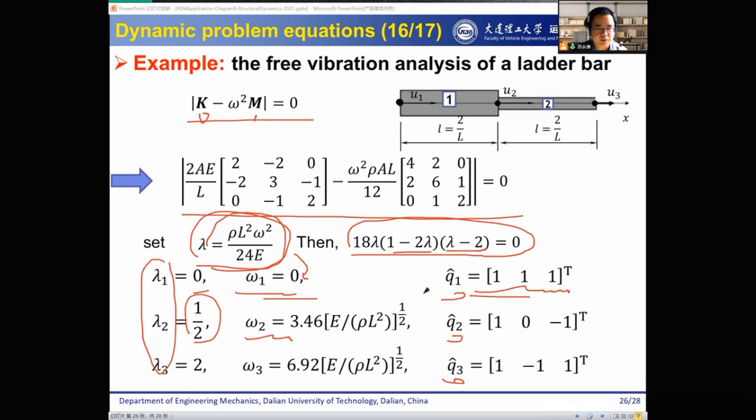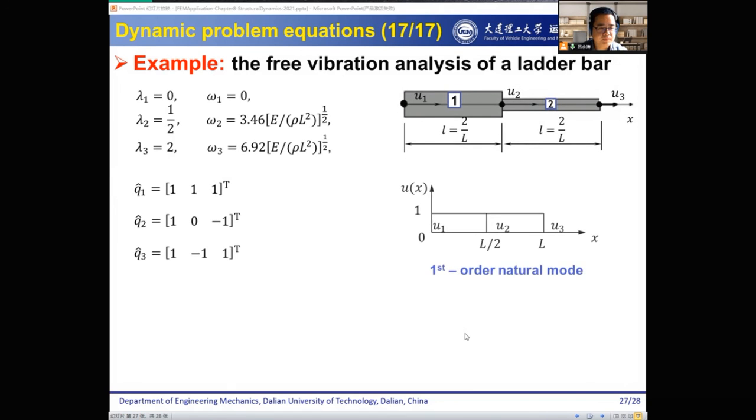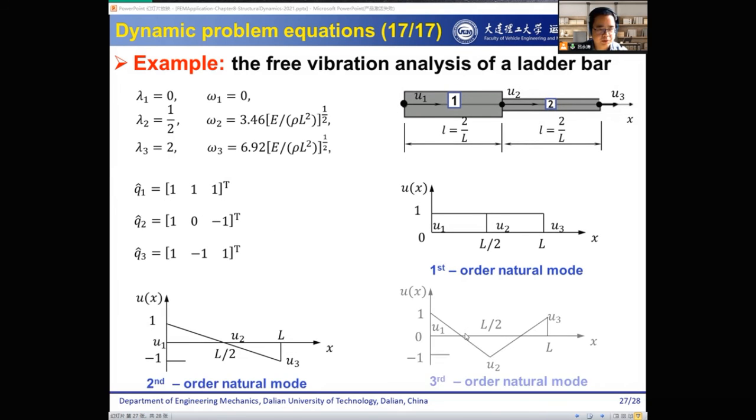When you design a structure, you need to know the physical properties, not just the Young's modulus and Poisson ratio, but also the frequency and the vibration mode of the structure. Okay, now let's plot the vibration modes.